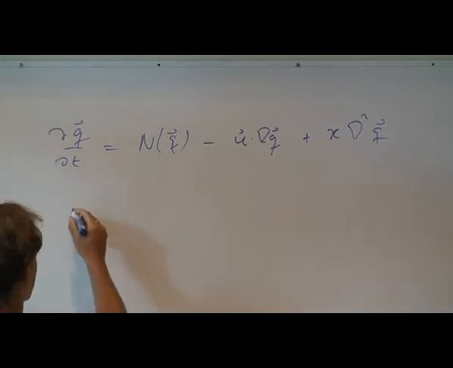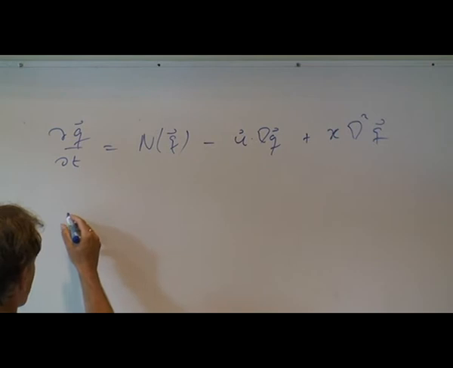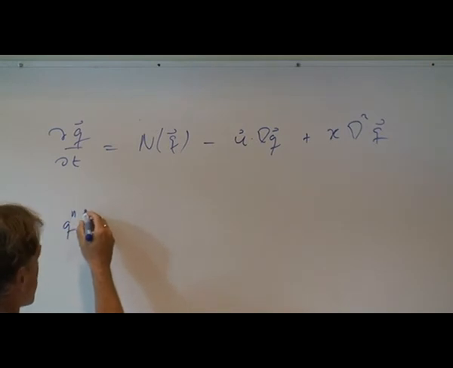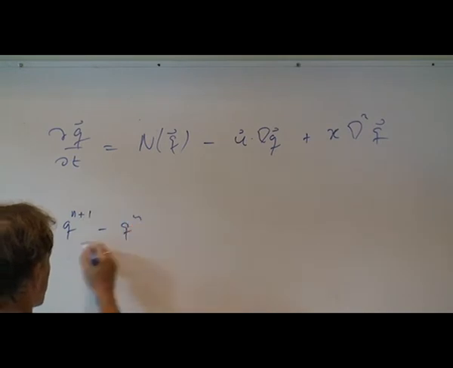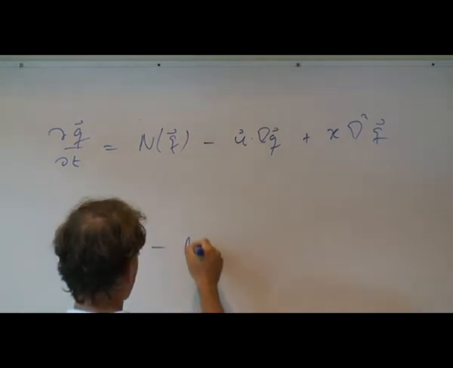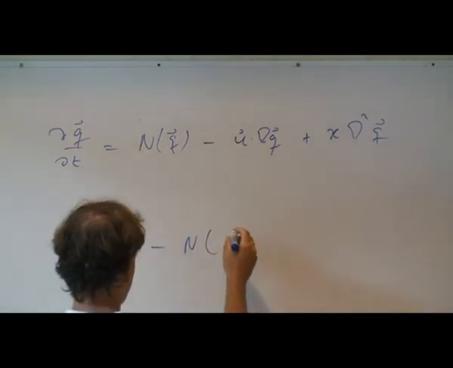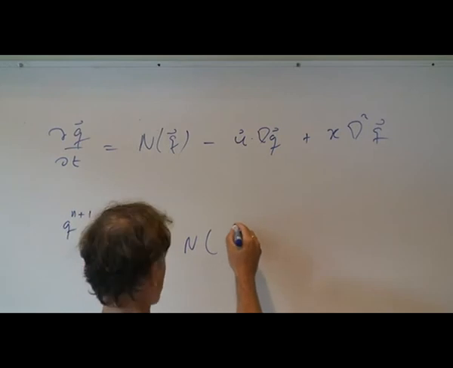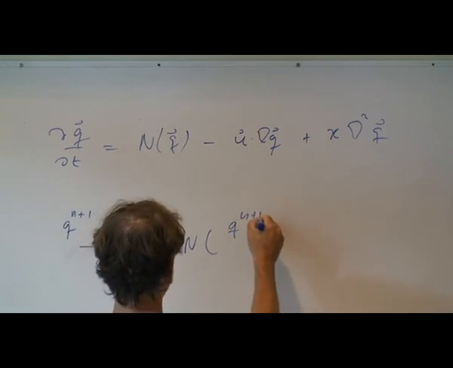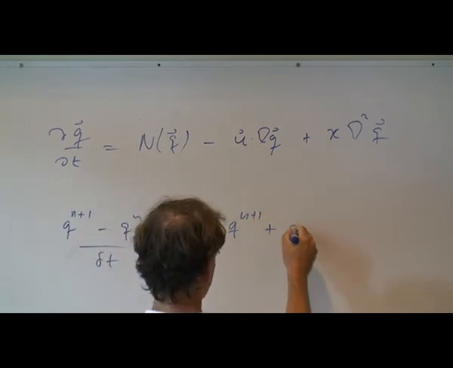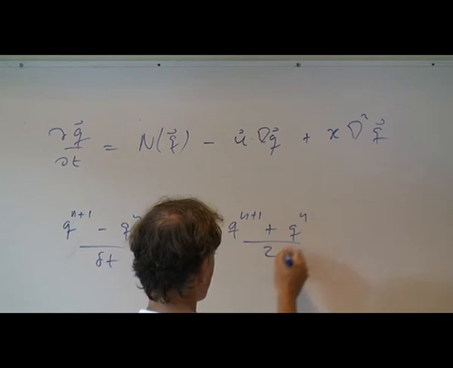So another way how that would look like. This would then be written in the form, for example, (Q^{n+1} - Q^n) divided by delta t, minus N. And here you would like to write (Q^{n+1} + Q^n) divided by 2.